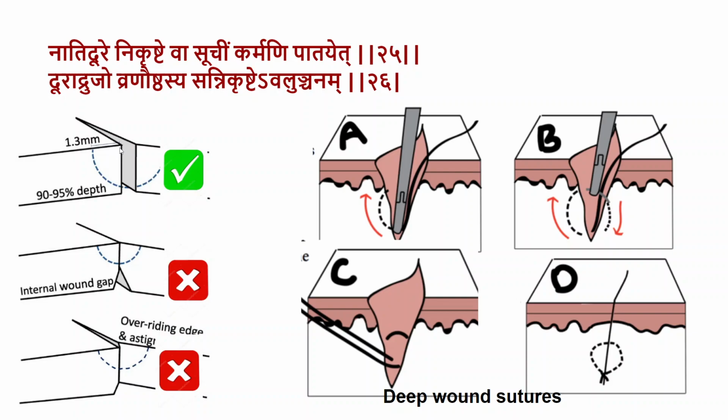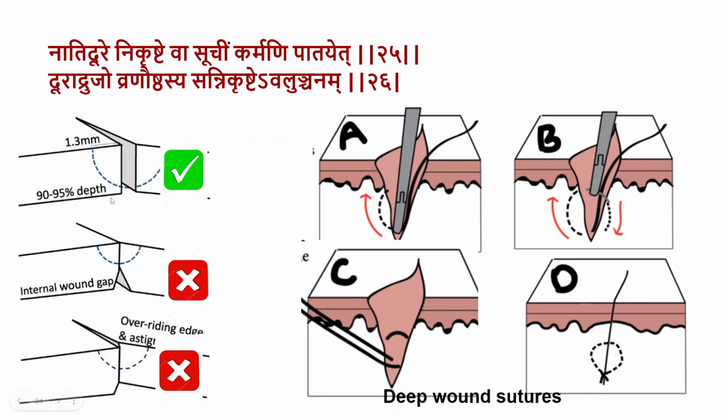Hence the gap between the wound edge and the insertion of the needle should ideally not be more than 1.3 or 1.5 centimeters. It's not millimeters, it's 1.5 centimeters. That's the maximum distance between the edge of the wound and the point of insertion of the needle, and the needle should be brought out at the same distance on the other side.